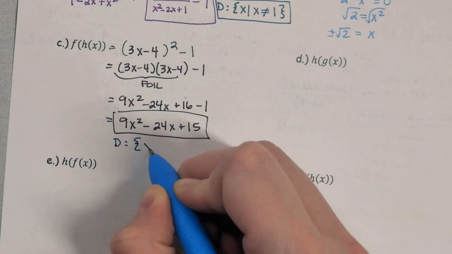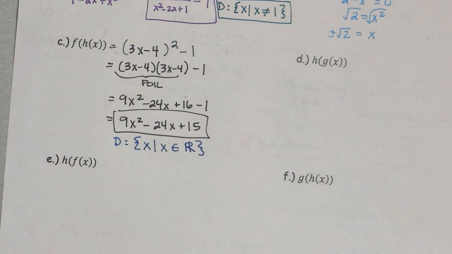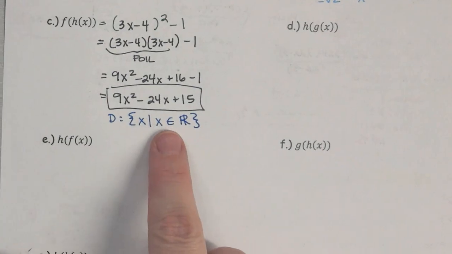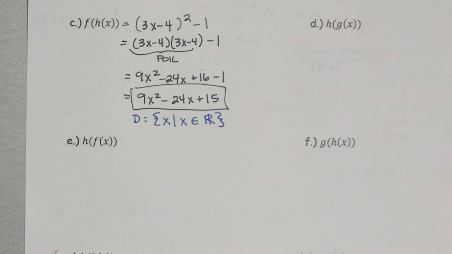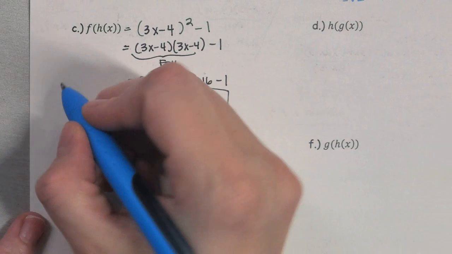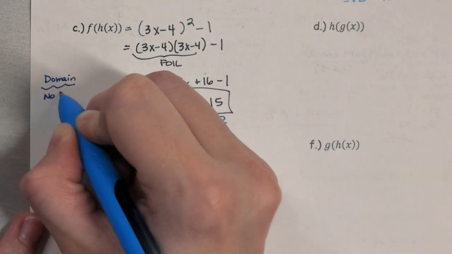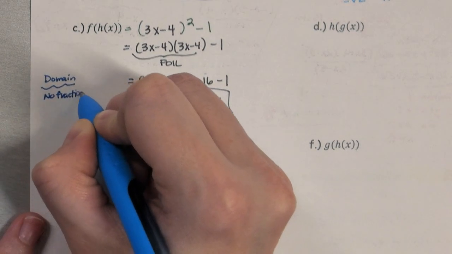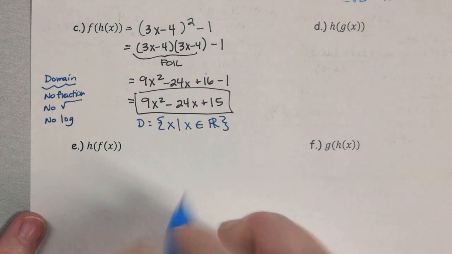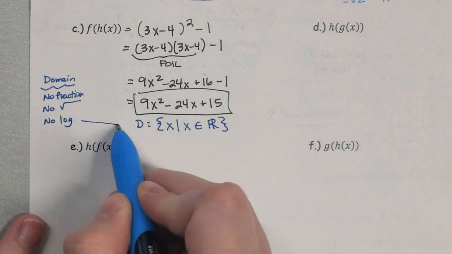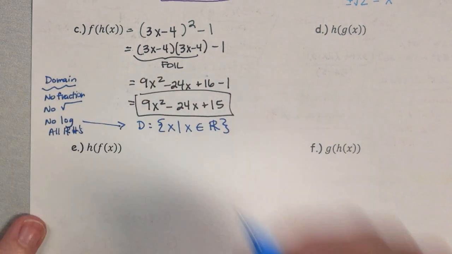So it's all real numbers, x, such that x is an element of the real number set. So this is like a special E. It means element and then the real numbers. Okay, so again, the reason for the domain, there's no fraction, no radical, no log. So once you've done that checklist, that's how you would say all real numbers in set builder notation.